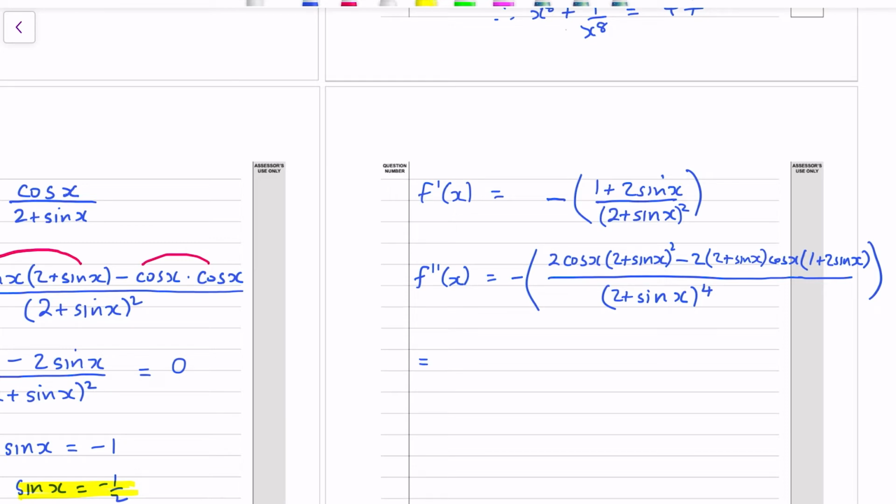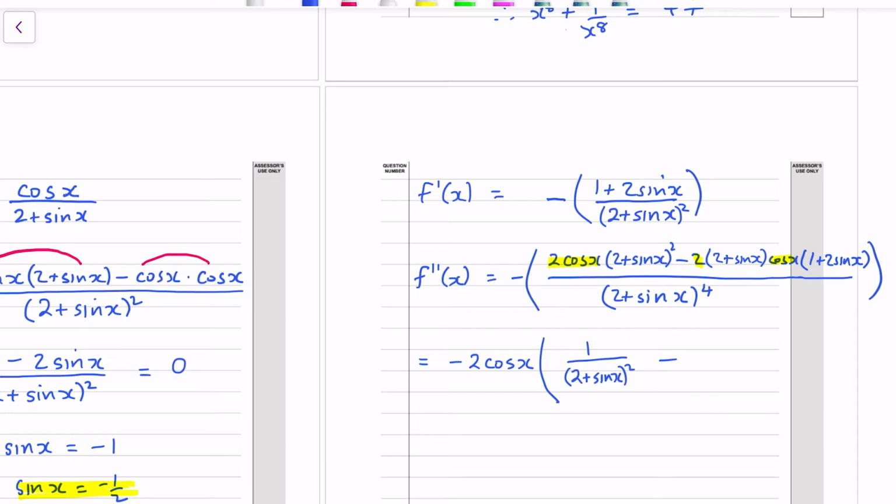In the numerator, we've got 2 cos x in both of the terms. So I'm going to pull that out the front. Minus 2 cos x. The stuff in the brackets, the first term has 2 plus sine x all squared divided by 2 plus sine x all to the 4. So it's going to be 1 over 2 plus sine x squared. There's a minus.